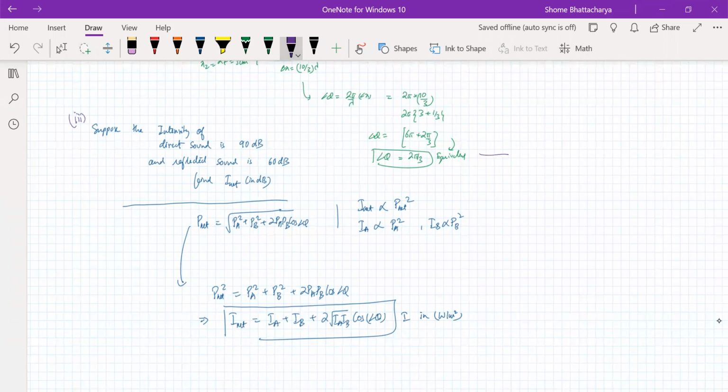We've already got in the second part that the phase difference is 2 pi by 3, that's 120 degrees, so cos delta phi is minus half. But how will we use this formula to get the net intensity in decibels, where IA and IB are not given in watts per meter square, but in decibels?